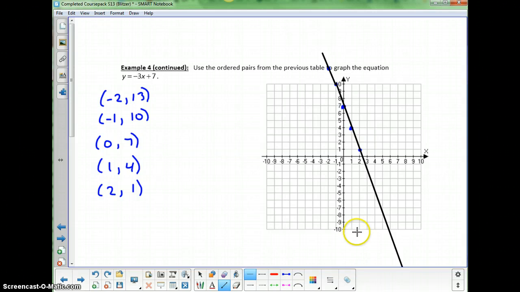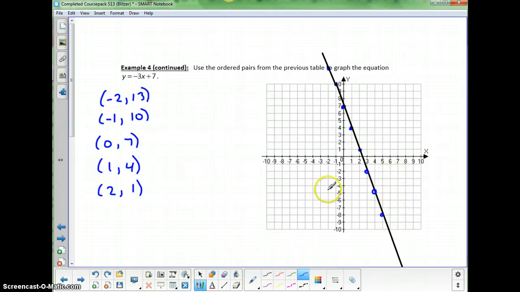This line is actually called the graph of this equation. I connect the dots that I get from making ordered pairs to get the actual graph of the equation. Now you can see that there are other ordered pairs down here that I hadn't found already, but these are also going to be solutions.